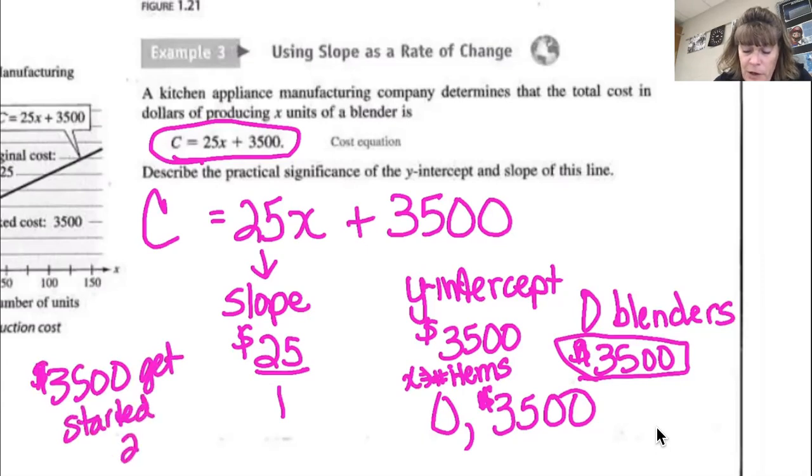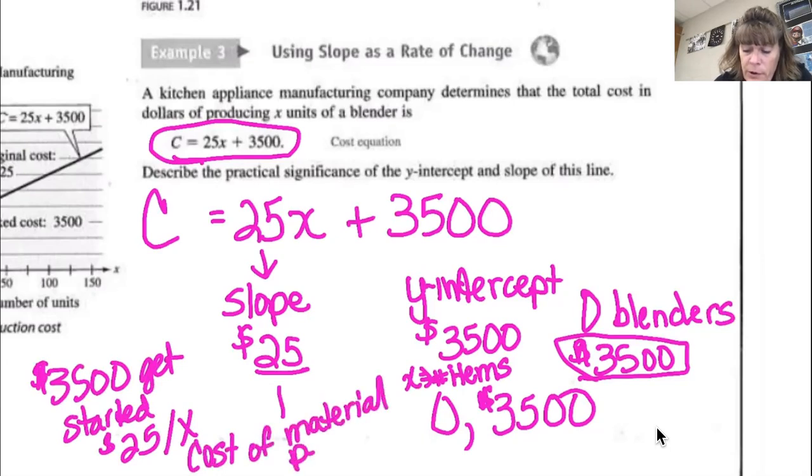And the $25 per X would be the cost of material per unit. So that's how you describe what the y-intercept and the slope of the line actually stand for.